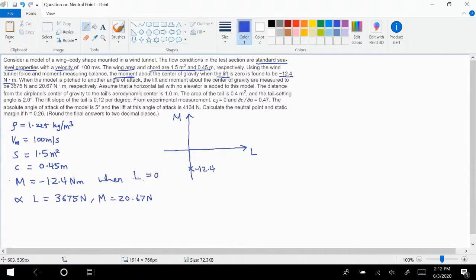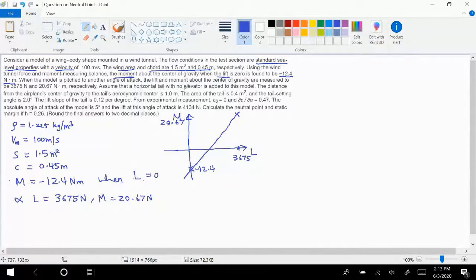If I represent this in moment versus lift, at lift 3675 the moment is 20.67. I'm just going to connect them with a straight line.